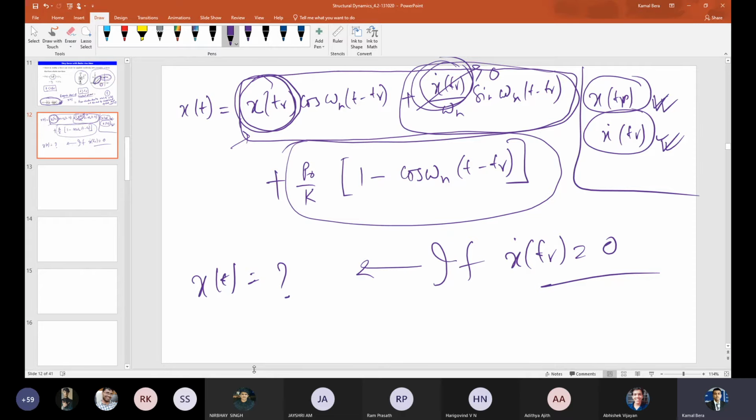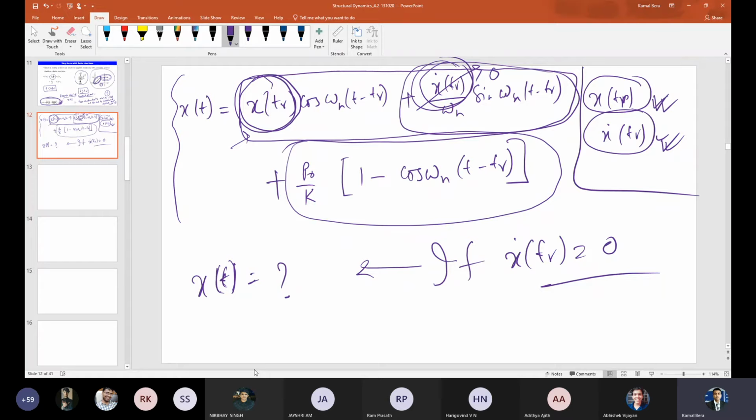So at the end of the ramp phase, the velocity is 0. That's why we are setting x dot TR, where TR is the rise time, equal to 0. So what is the response during the constant phase? We are trying to find it, because this expression x t written here is nothing but the response during the constant phase. So by setting this x dot equal to 0, what are we getting?